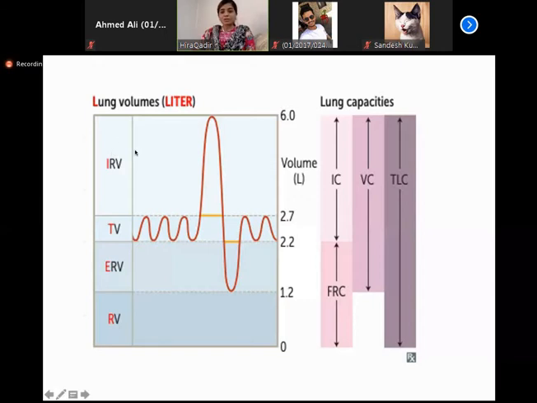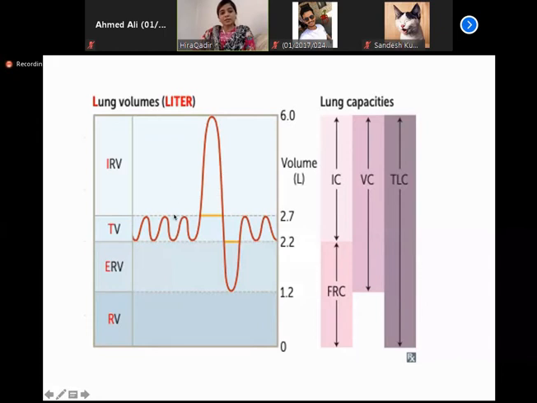And residual volume is what is left behind after expiration. These are the different lung volumes, and I hope they were discussed in the physiology lecture.